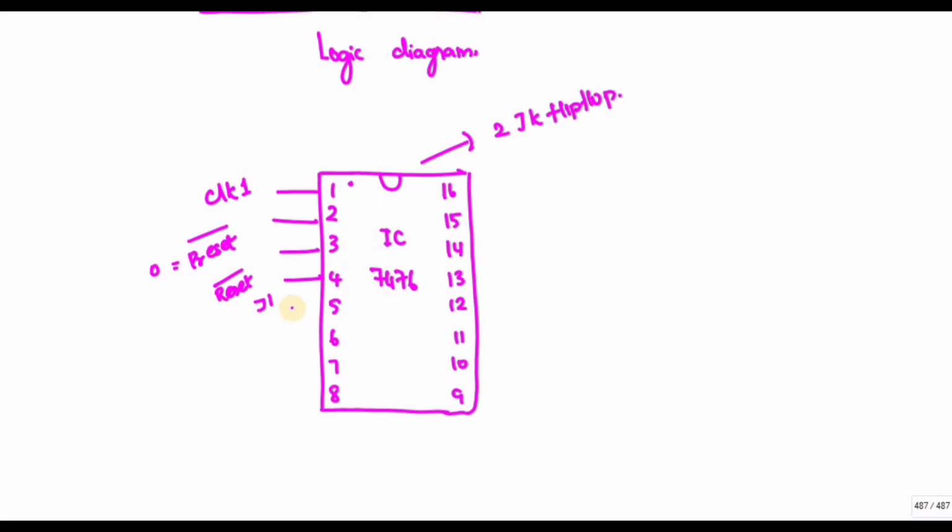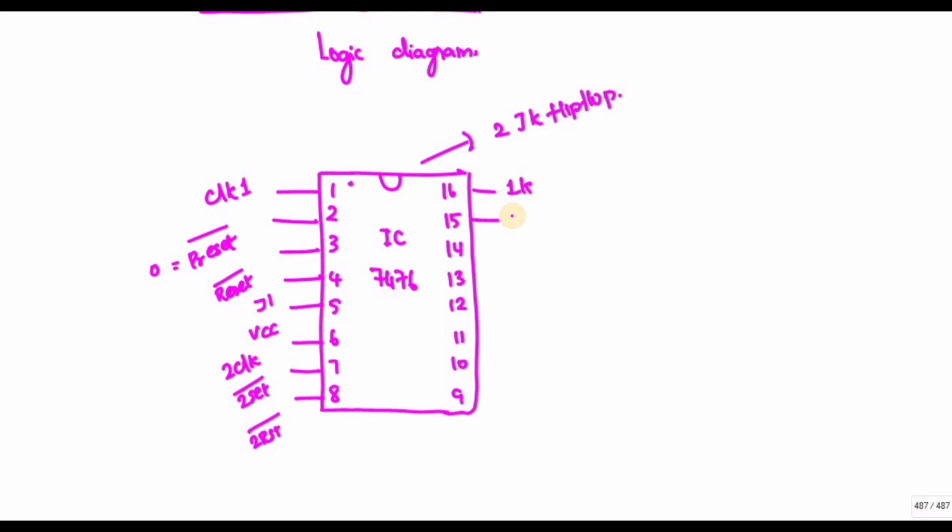The fifth pin is VCC. The sixth pin is the clock of the second flip-flop. This is the set of the second flip-flop, and this is the reset of the second flip-flop. These are the active low pins.